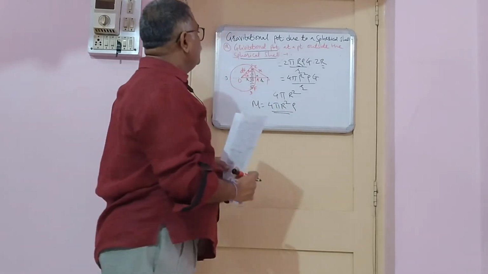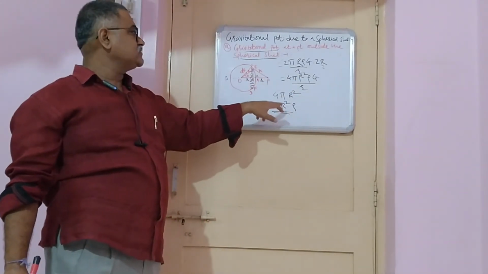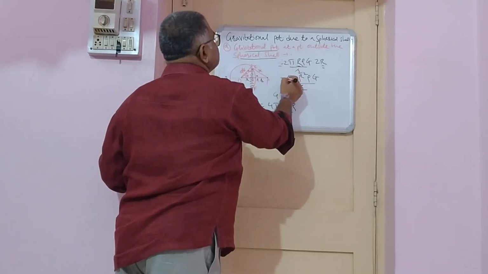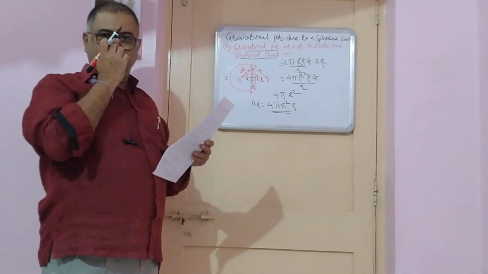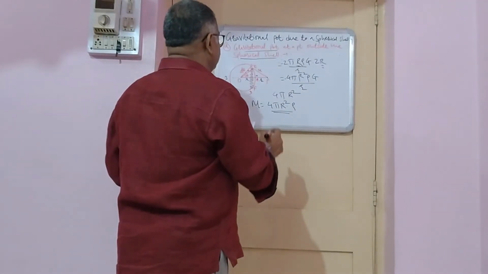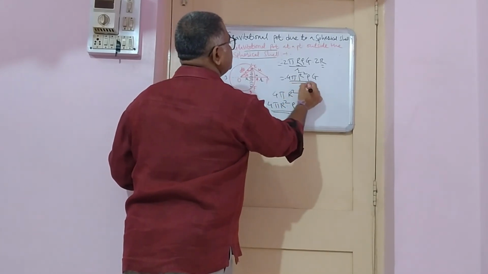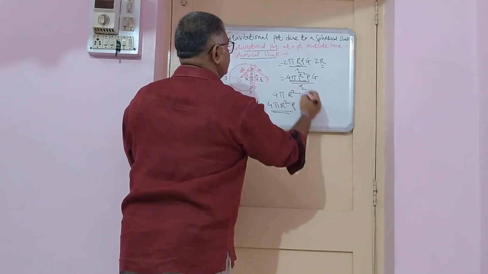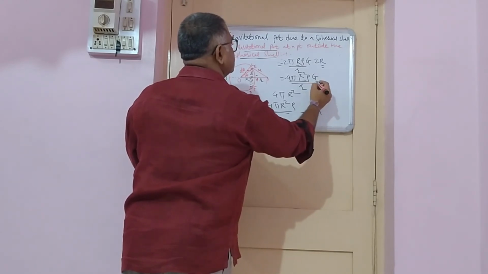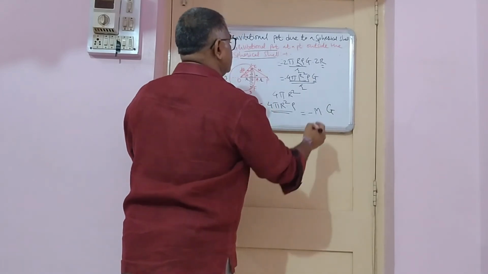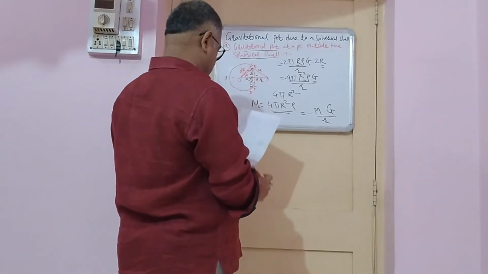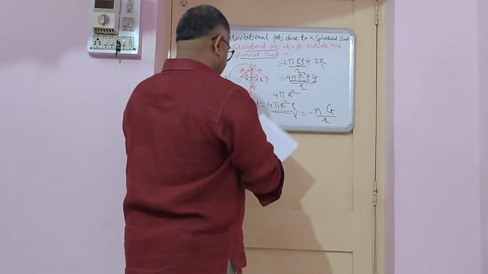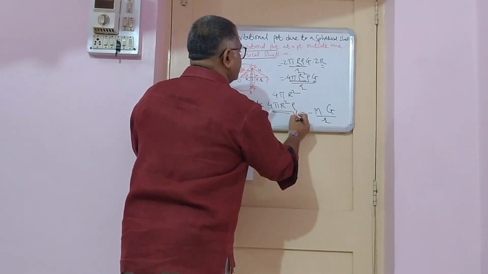We can replace this 4 pi r square rho with m, and here we have to continue the minus sign which we had forgotten. Therefore minus of capital M, g as it is, divided by small r, is nothing but the gravitational potential V.